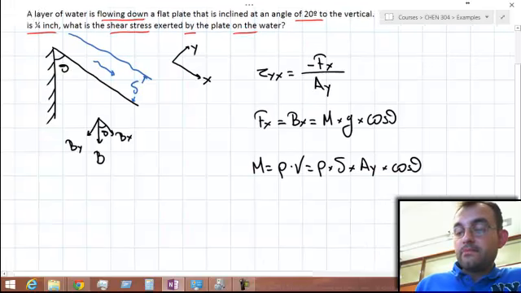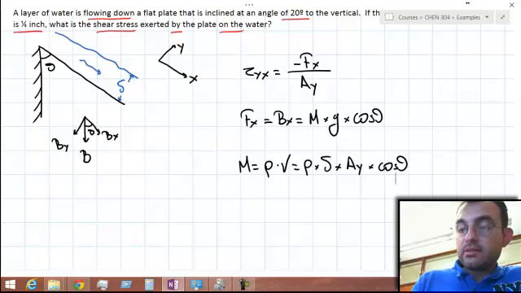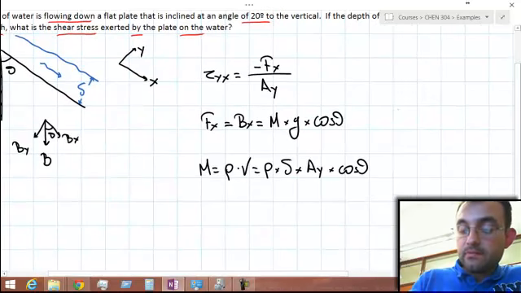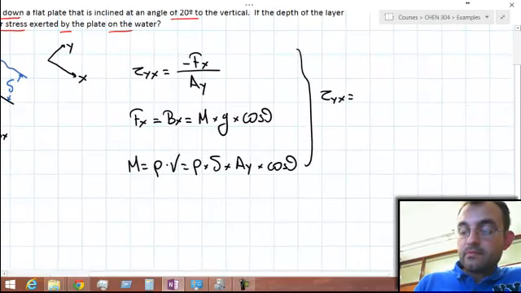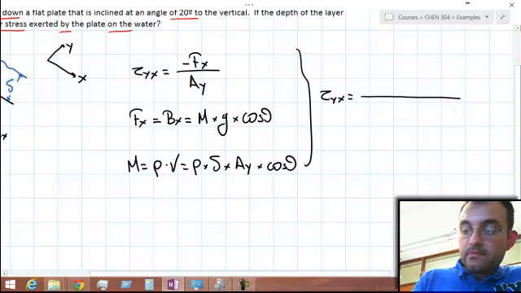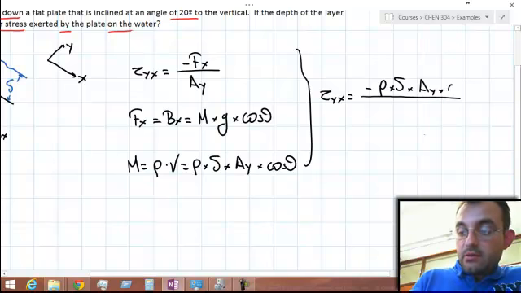Now, if I combine these equations, we get that the shear stress equals minus density times delta times the area times cosine theta over the area.